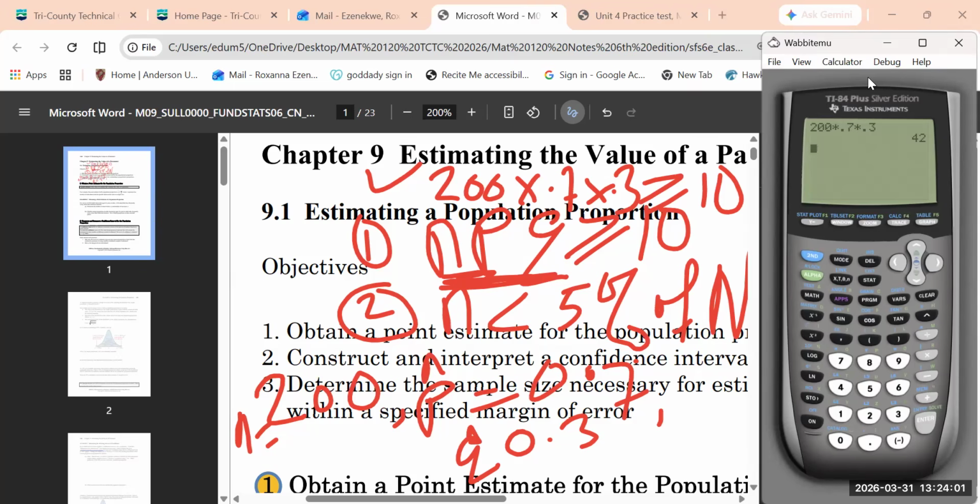You have to use the information given to you to check it. So the variance is greater than 10 because 42 is greater than 10. 200 is sample size. Surely 200 is less than 5% of 360 million, which is the population of America. So we can do this confidence interval.